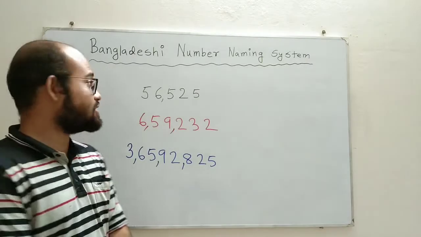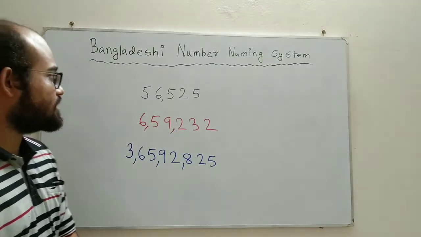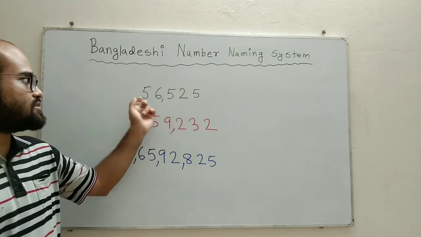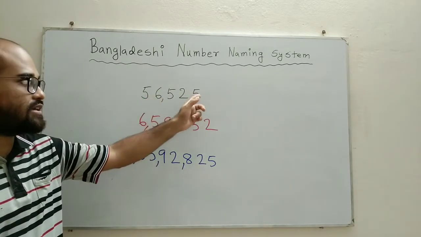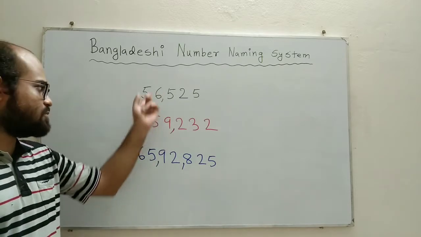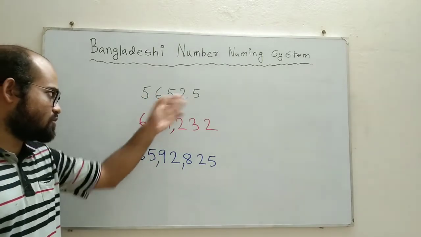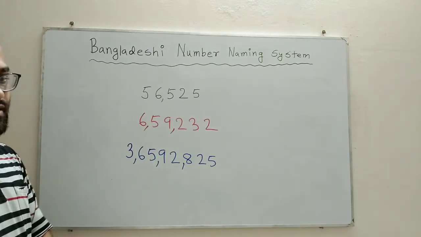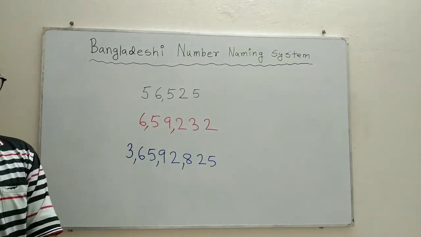Hello everybody, welcome back. As you can see, in the first example, I have numbers reading from the extreme right, 5 2 5 6 5. Now I have put some commas in between not only this number but also in between these numbers. So what's the general rule?